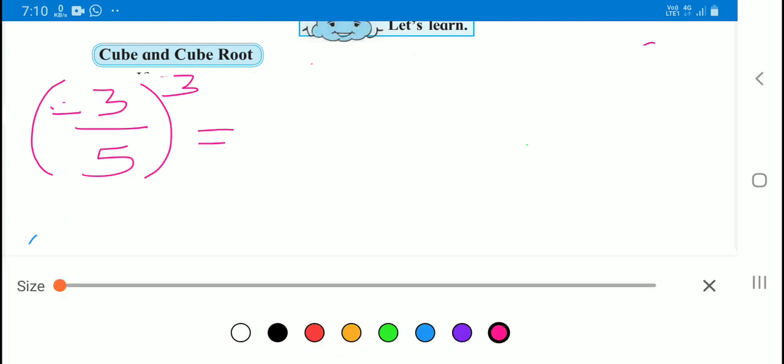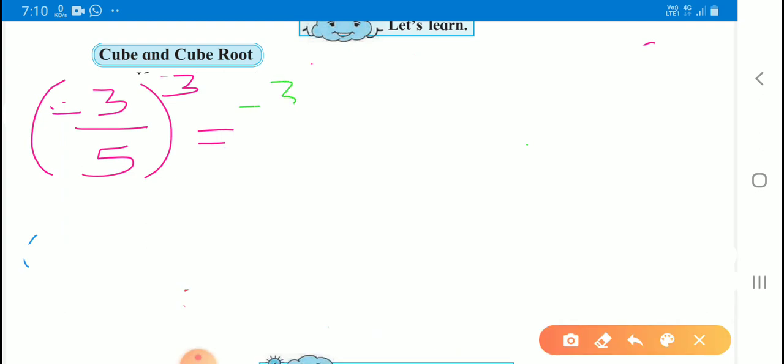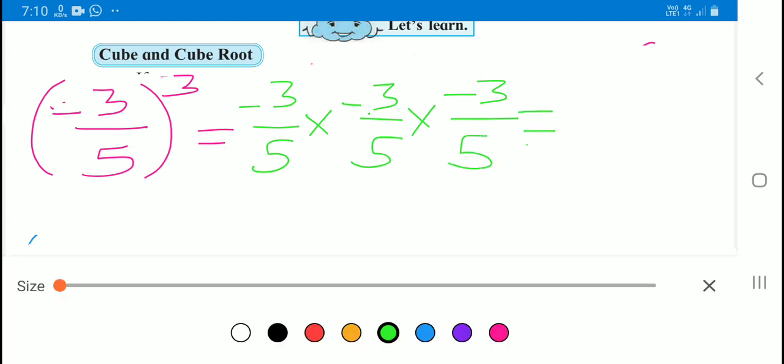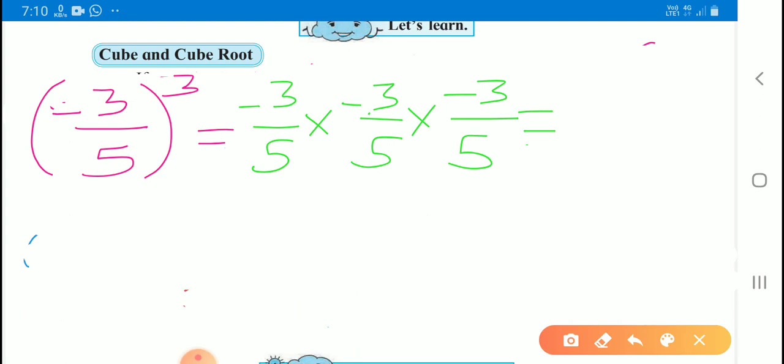Now next step, what will you write? Negative 3 upon 5 multiplied by negative 3 upon 5 multiplied by negative 3 upon 5 is equal to. Now, do you know the cube of 3? Yes, it is 27. And here negative negative is positive, again negative means which sign will be there? Negative. So in the middle only we will give this sign: negative 27 upon, what is the cube of 5? 125. So this answer is negative 27 upon 125.